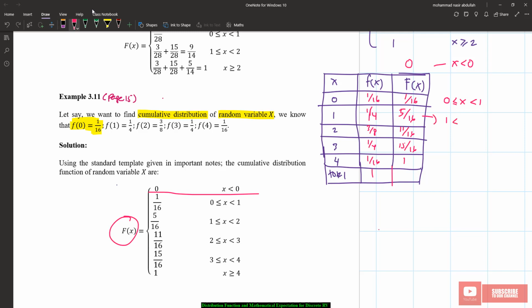This is 1 inclusive, and then 2. This is 2 inclusive, less than 3. And this is 3 inclusive, less than 4. And then this is x more than or equal to 4. So you just plug in the values here. Right? Can?